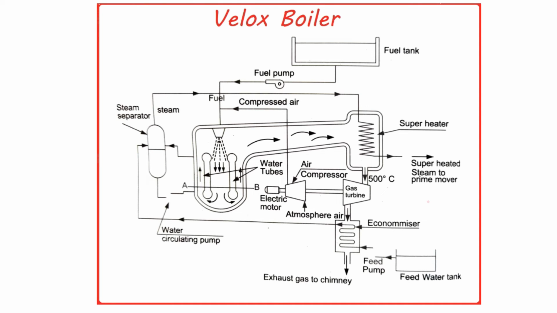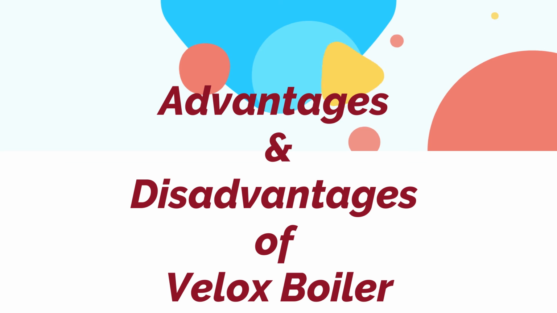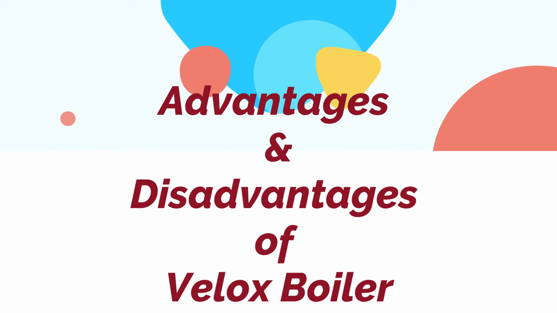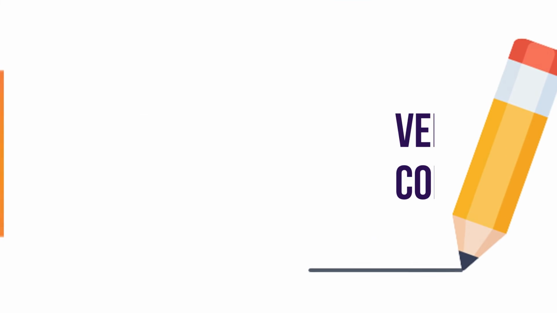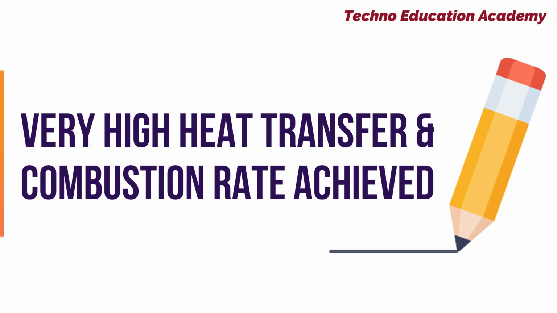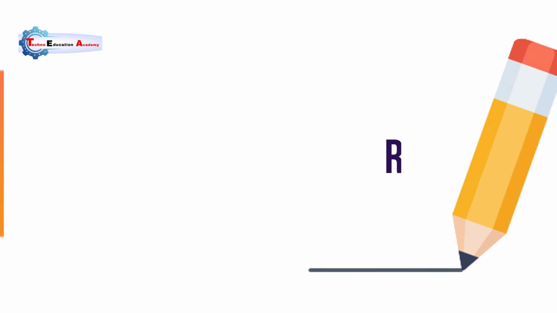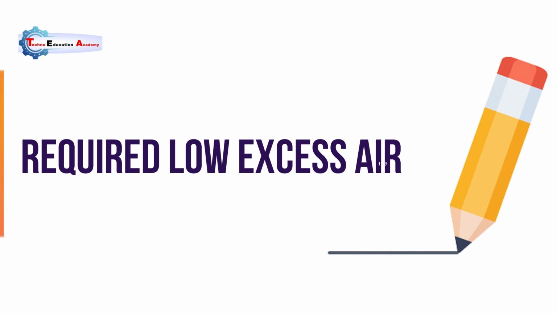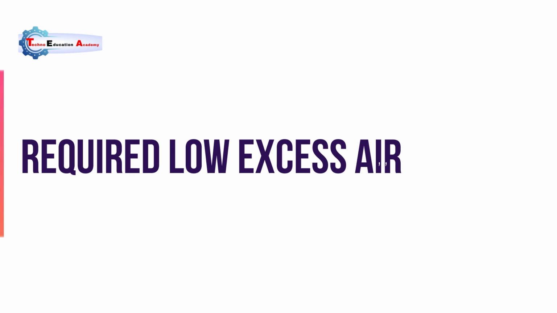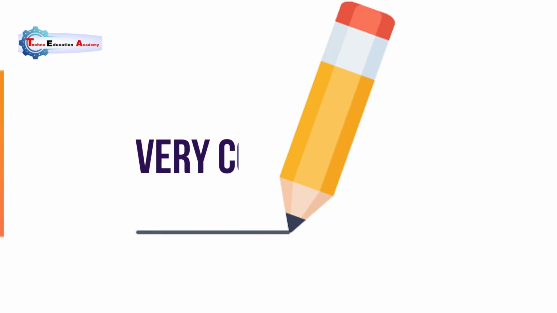Now we will discuss the advantages and disadvantages of the Velox boiler. The first advantage: very high heat transfer and combustion rates are achieved, because we are using supersonic velocity, so the heat transfer rate increases. Second advantage: it requires low excess air as compressed air is used, because whenever we compress air, its density increases.